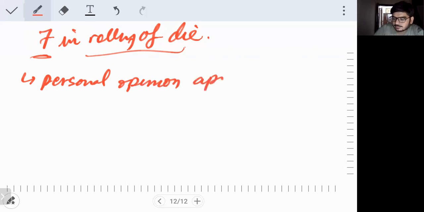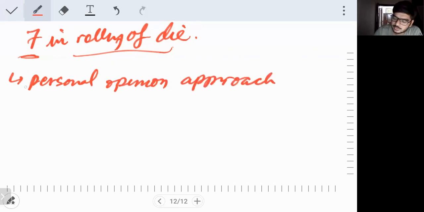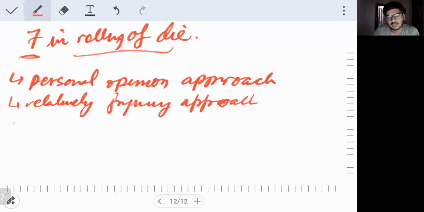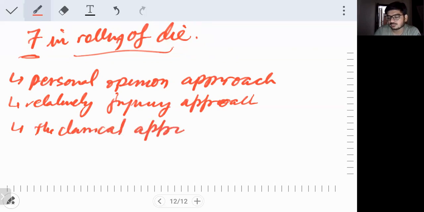Second could be the relative frequency approach. Third, the classical approach.